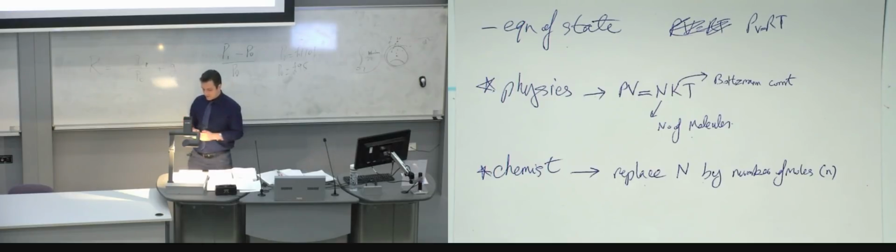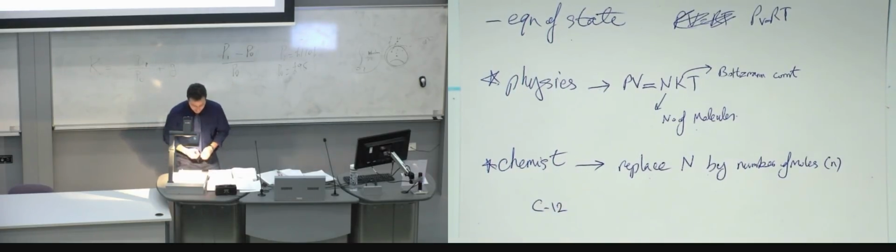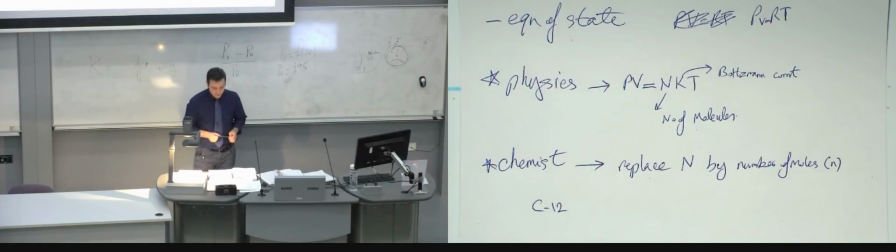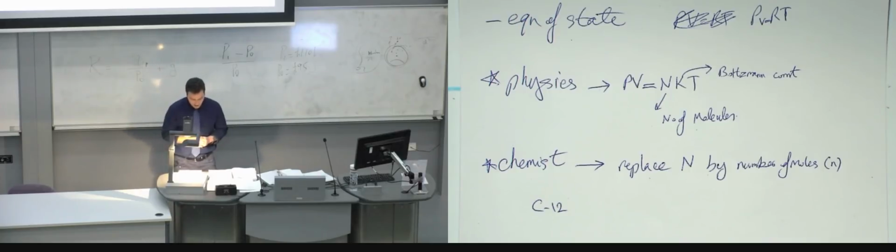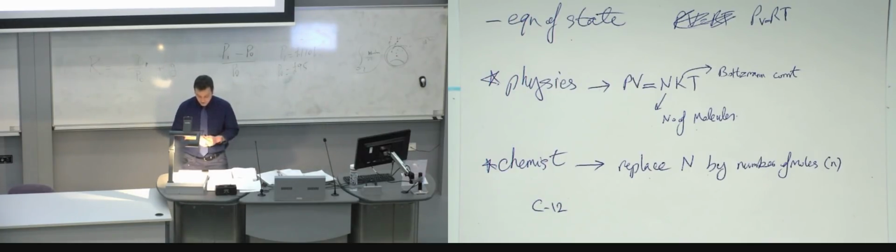So carbon-12, something about carbon-12 is that it's actually one of the fundamentals in chemistry. It's the most abundant type of carbon that is available, and it forms the basis of a lot of calculations.